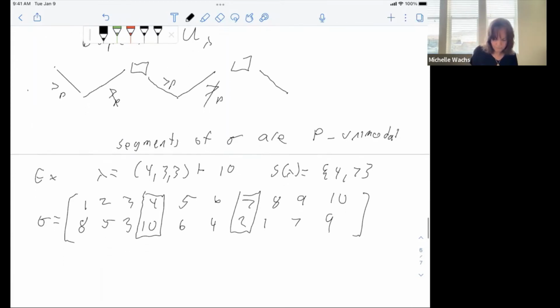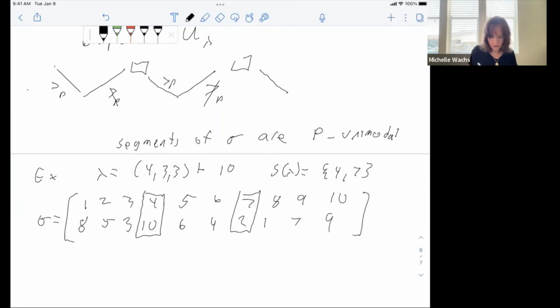Okay. And if you remember what a lambda unimodal set is, it's an initial segment here. So that corresponds to these descents. And let's just assume that every descent is a P descent to make it simpler. So let's forget about what P is.